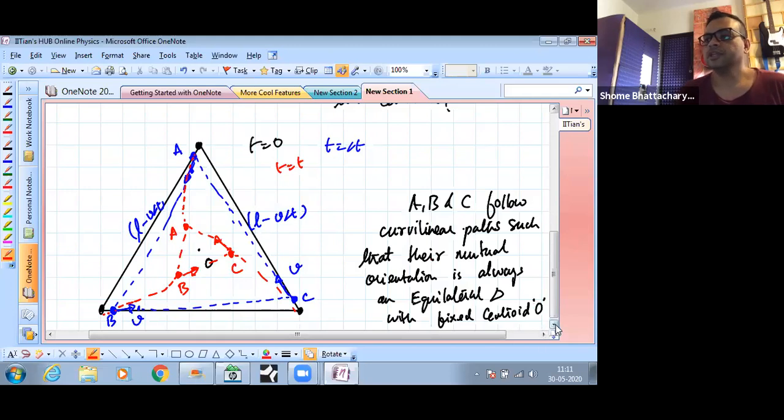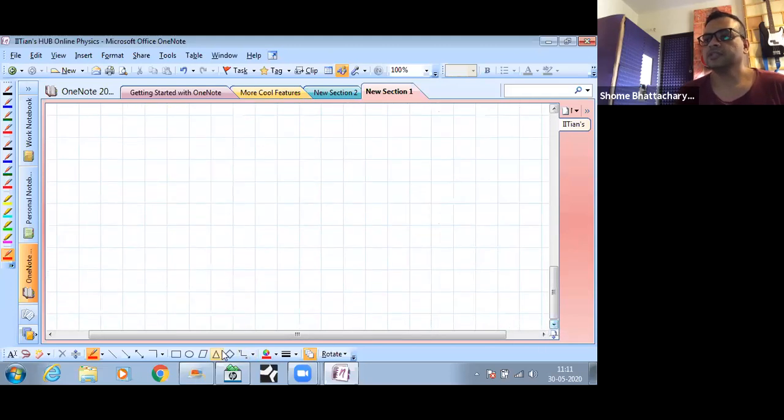So when you visualize this and you take the case of any random situation, when their orientation is something random like this, let's say by now A has reached here, B has reached here, and C is here. With respect to the centroid, you'll realize that the relationship between the velocity vectors in terms of angles remains fixed. So what is happening?